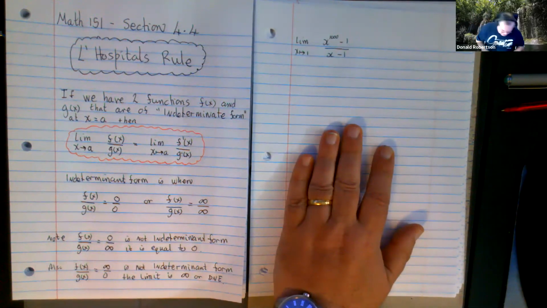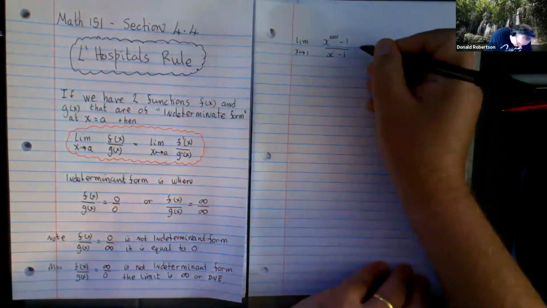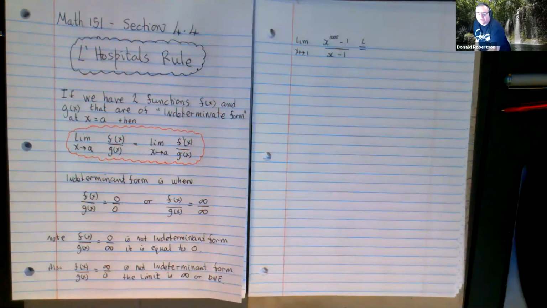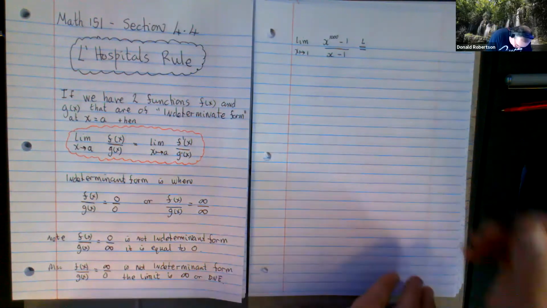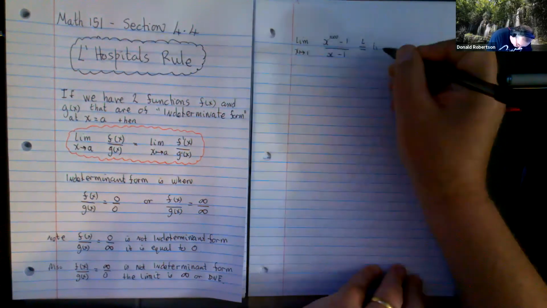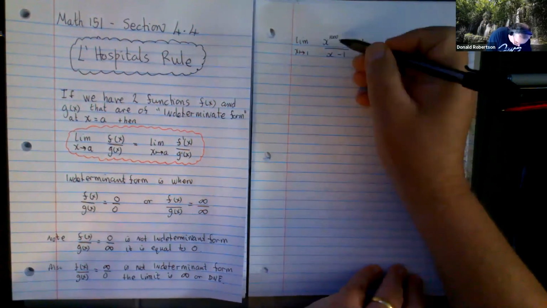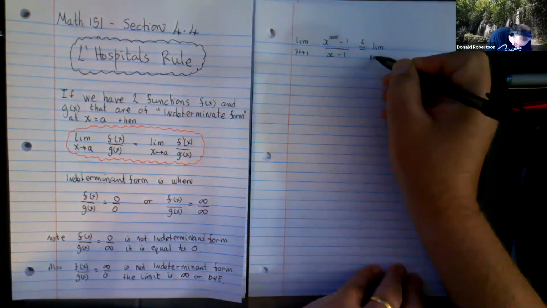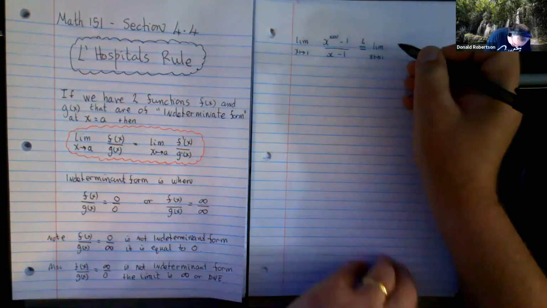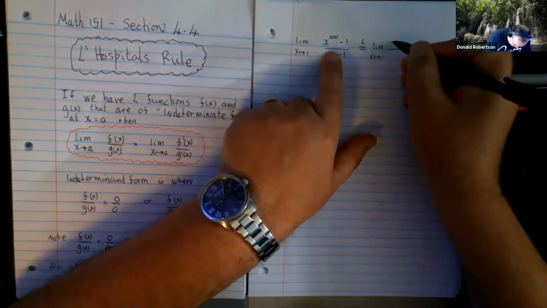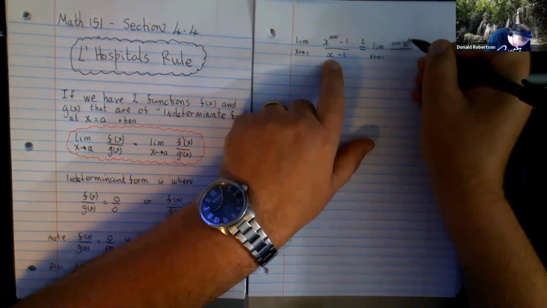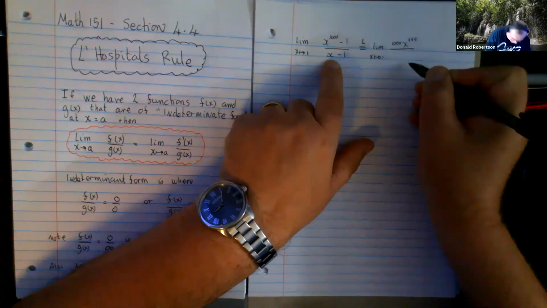But L'Hopital, and you write an equals and a little L above it to tell everybody you're using L'Hopital, says that I don't need to find this guy's limit. Because it's 0 on the top and 0 on the bottom, indeterminate form, I can use L'Hopital, and he says differentiate the top and differentiate the bottom.